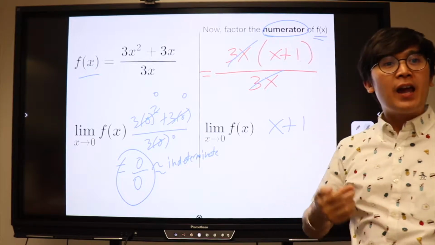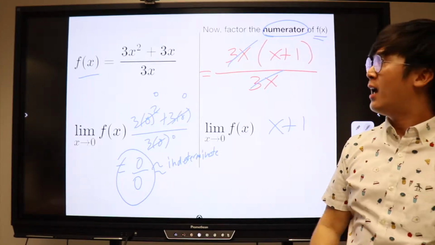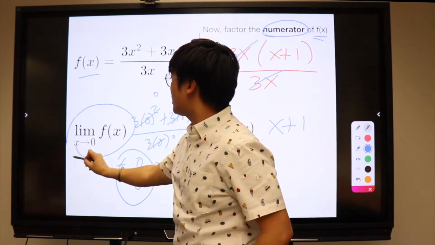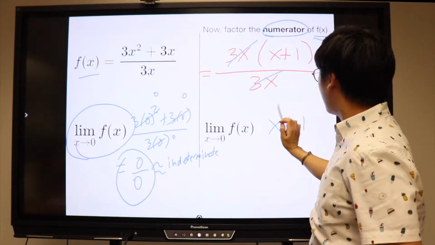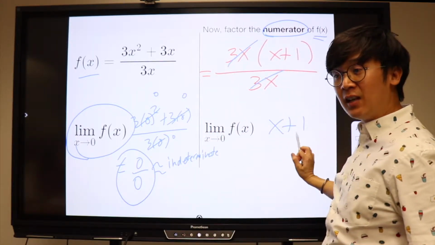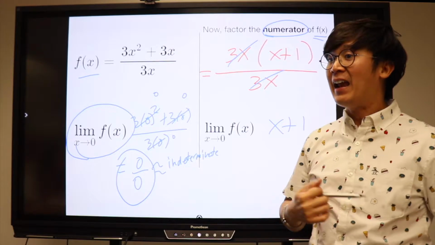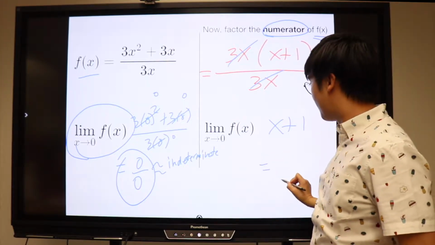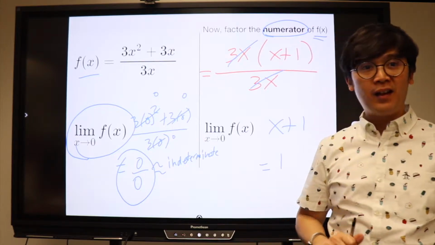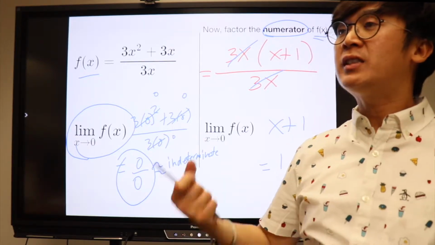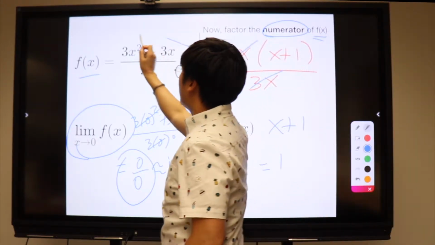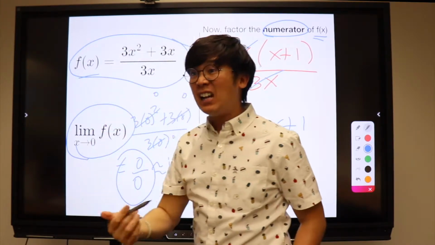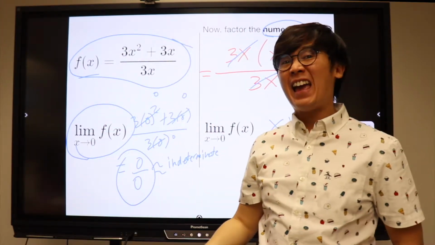So, if we're going to solve the limit of the function now with this modified version of your f of x, do you have an answer in your problem now? Yes, and what is it? 1. Because when your f of x is in algebraic form, you're not seeing the actual graph.